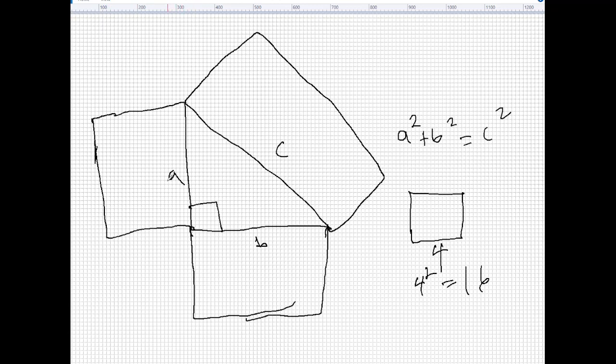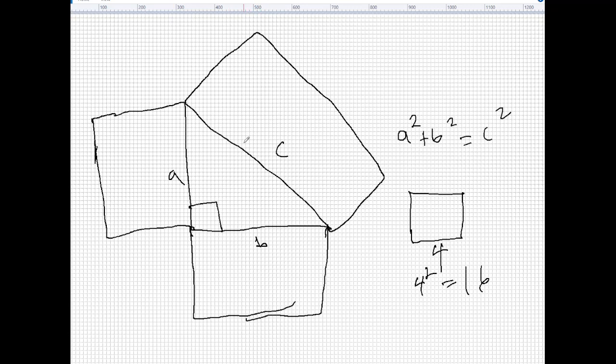Like I said, this is a square here. We have one square here, we have one square here, and we have another square here.